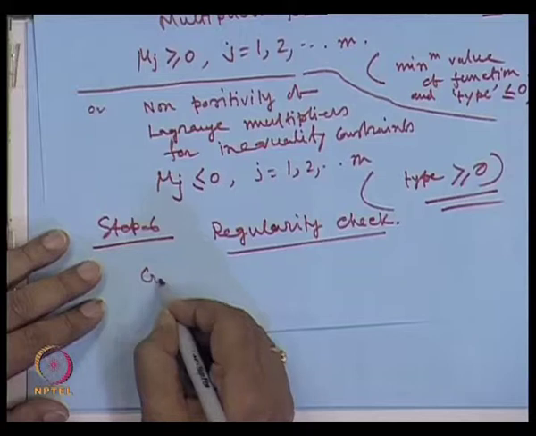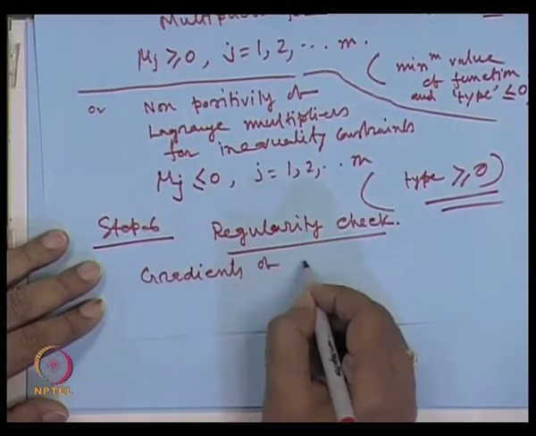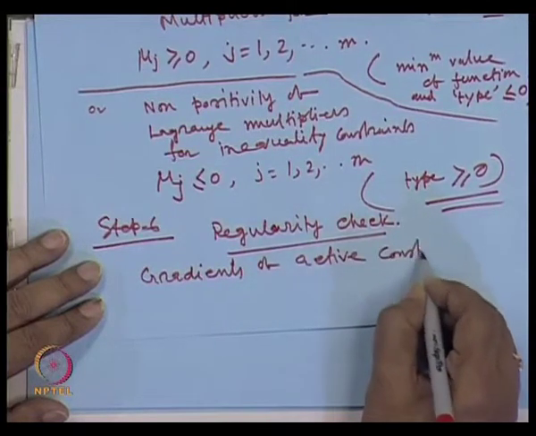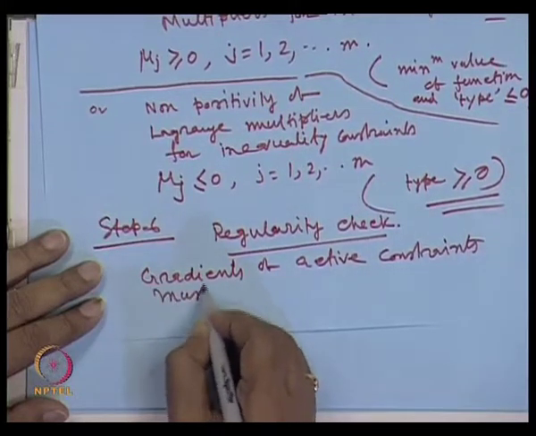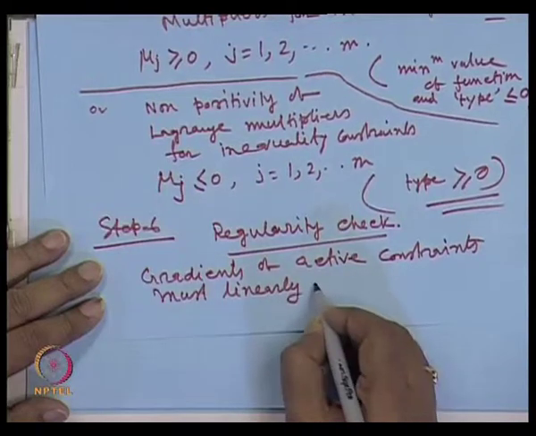So, you have to check that the gradients of active constraints must be linearly independent.